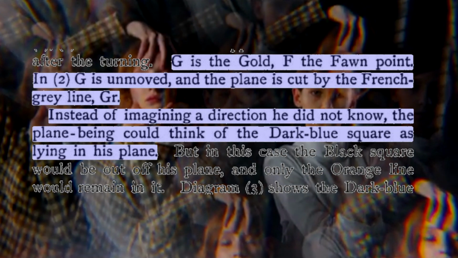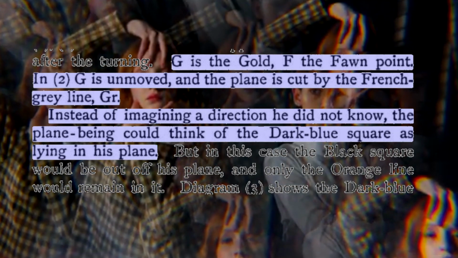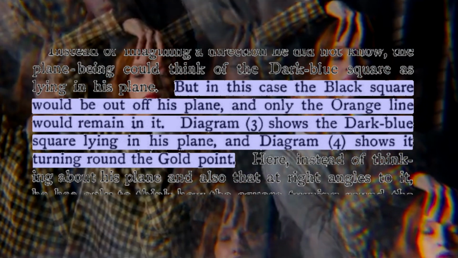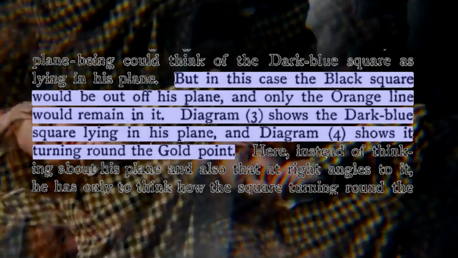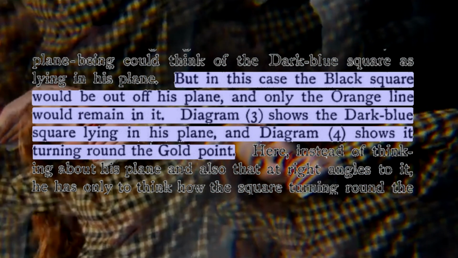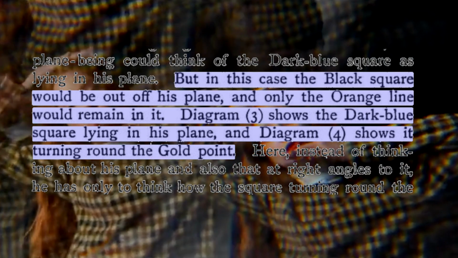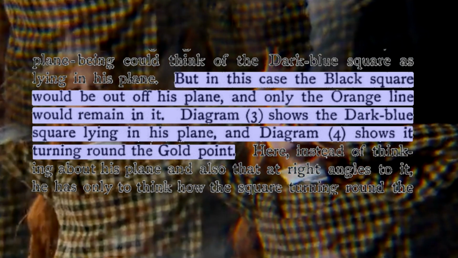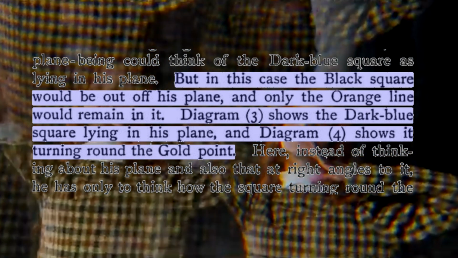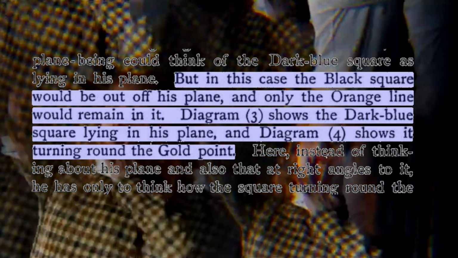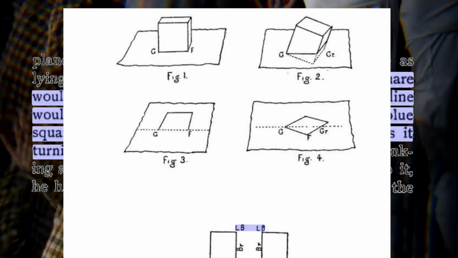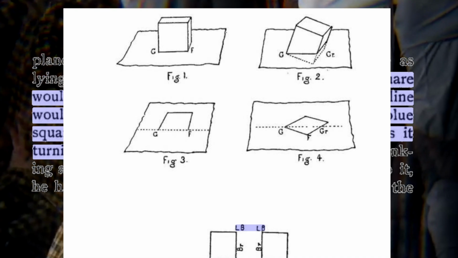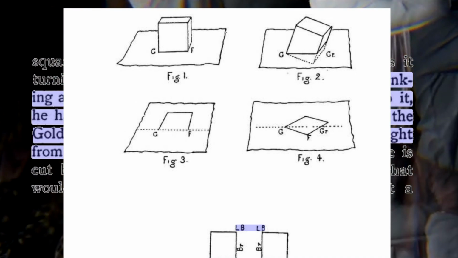Instead of imagining a direction he did not know, the plane being could think of the dark blue square as lying in his plane. But in this case the black square would be out of his plane, and only the orange line would remain in it. Diagram shows the dark blue square lying in his plane, and diagram shows it turning round the gold point.